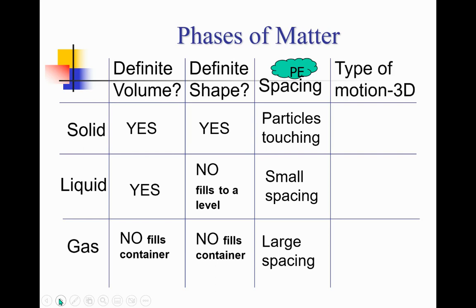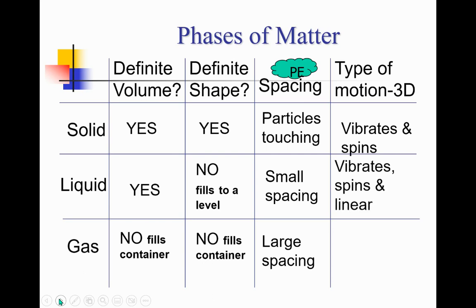And the types of motions: when you have a solid, it is locked into a rigid spot, or crystal lattice, a lot of times they'll call it, meaning that the molecules can vibrate and spin, but they are locked into position. When it comes to liquids, it says vibrate, spin, and linear.